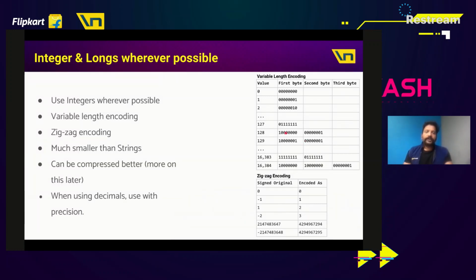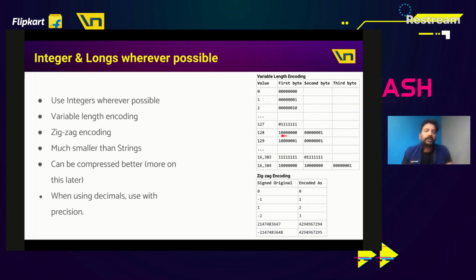So what variable length encoding does is it flips the bytes, so the last byte actually comes as the first byte. So it will just store a single byte for 0 and 1 and 2 and things like this. Now, for the number 128, the representation is all zeros, then a 1, then all zeros.